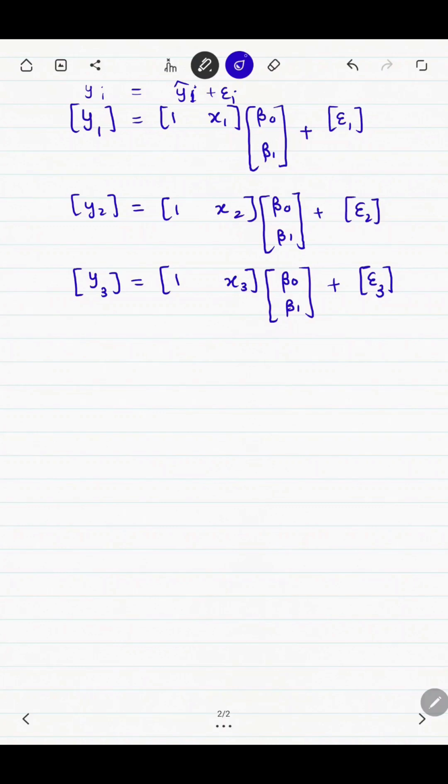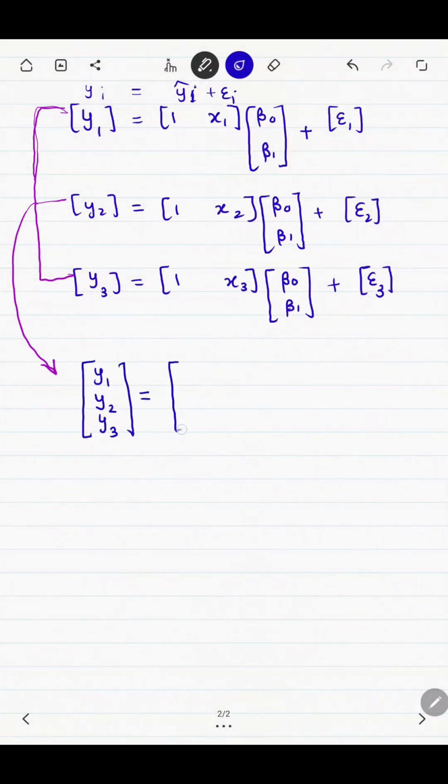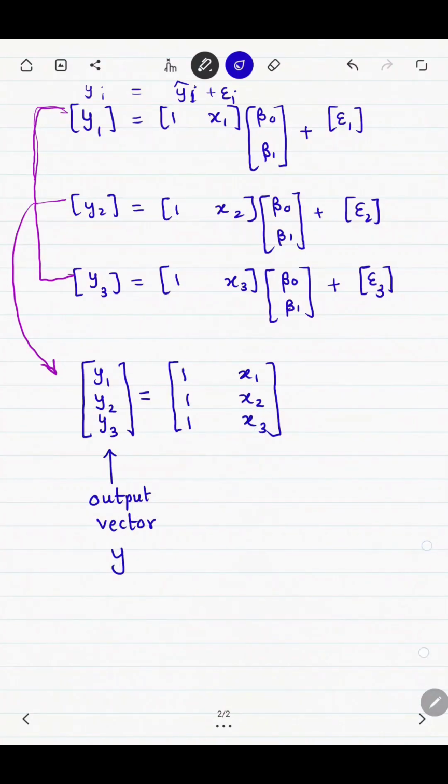Now let's stack together the three matrix equations. We can stack y1, y2, y3 together as the output vector y. 1 x1, 1 x2, 1 x3, these three rows can be stacked together as the design matrix x. And beta naught beta 1 is common in all three equations, so it can be kept as it is.